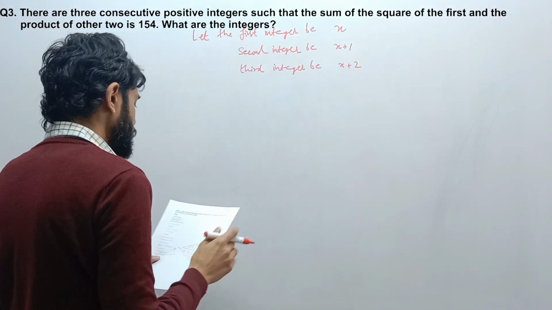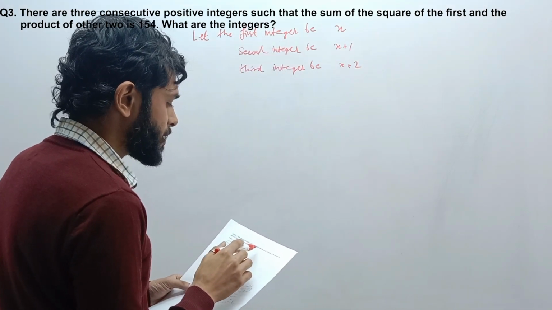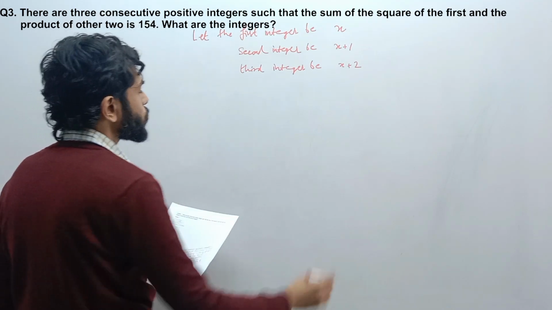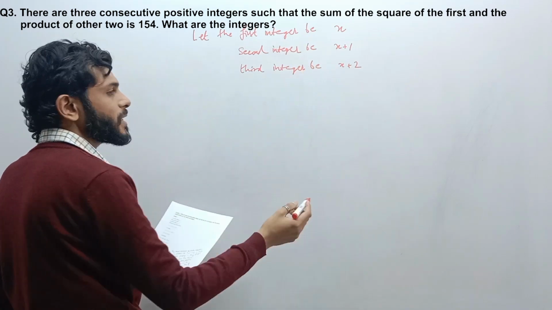Now according to the question, three consecutive positive integers such that the sum of the square of the first and the product of the other two is 154. So now using this we have to make a quadratic equation.